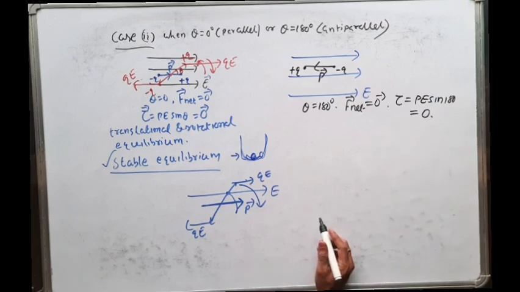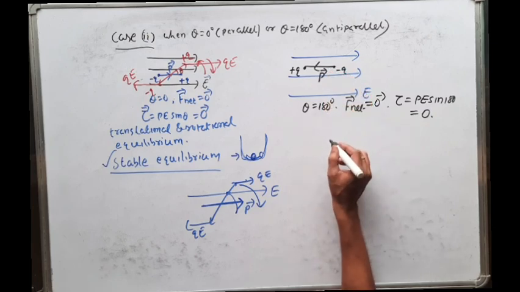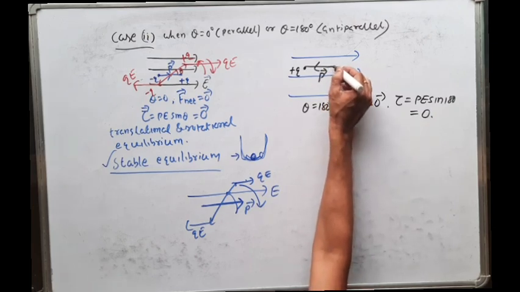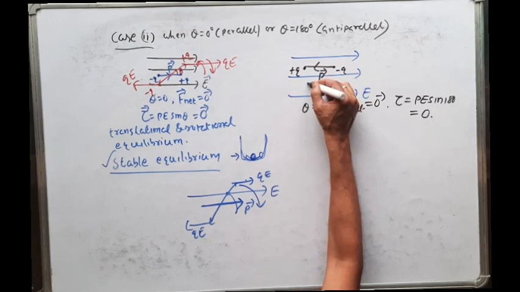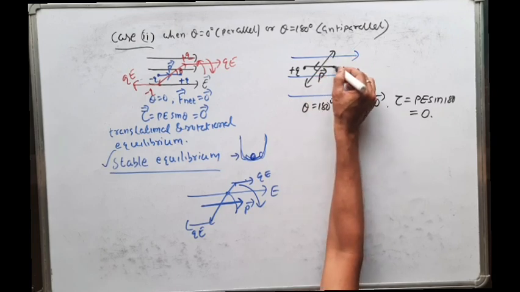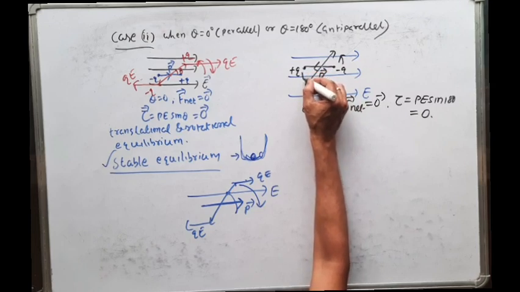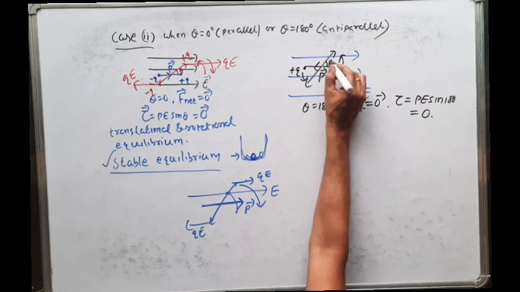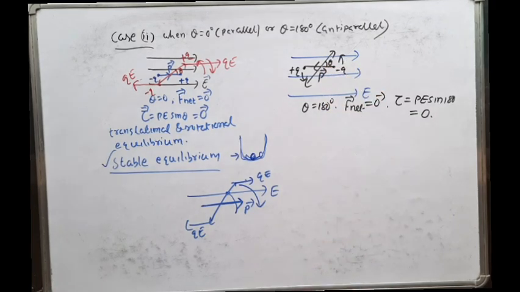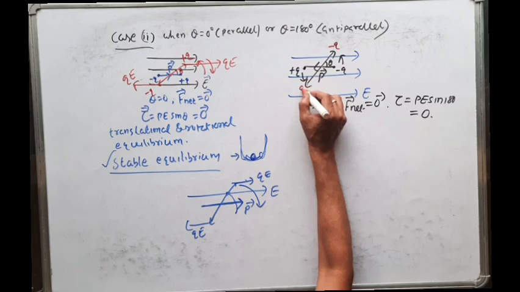But in this case, what will happen if I try to rotate? Suppose this is the dipole, minus q, plus q. I will try to rotate the dipole in anti-clockwise direction. After some time minus q will come to here, plus q will come to here.